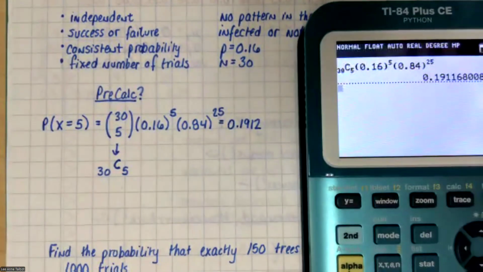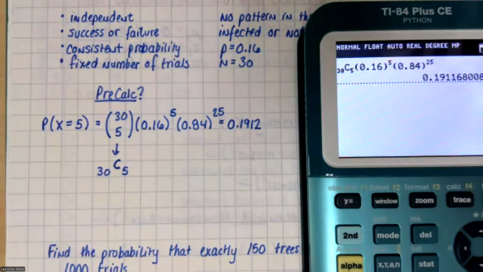Okay, so again, I really want you guys to understand what this did before I move on. So imagine the giant tree diagram. Can you guys imagine it? It's got 30 sets of branches, right? This calculation tells you how many of the branches would have exactly 5 I's, and all the rest would be I complements.